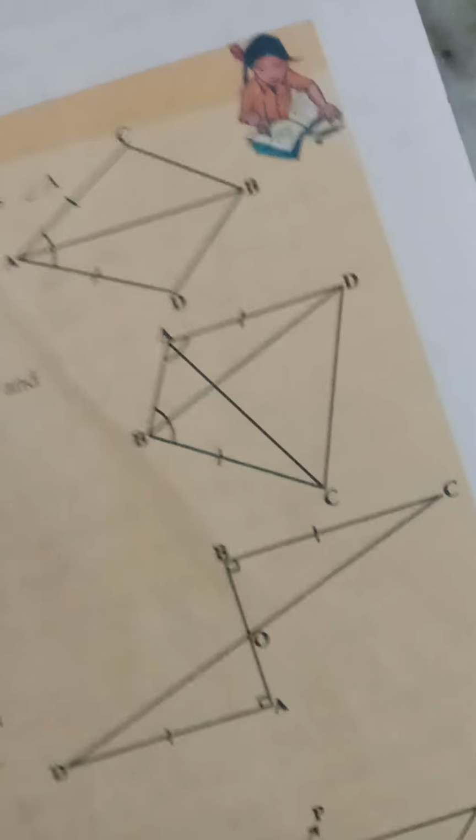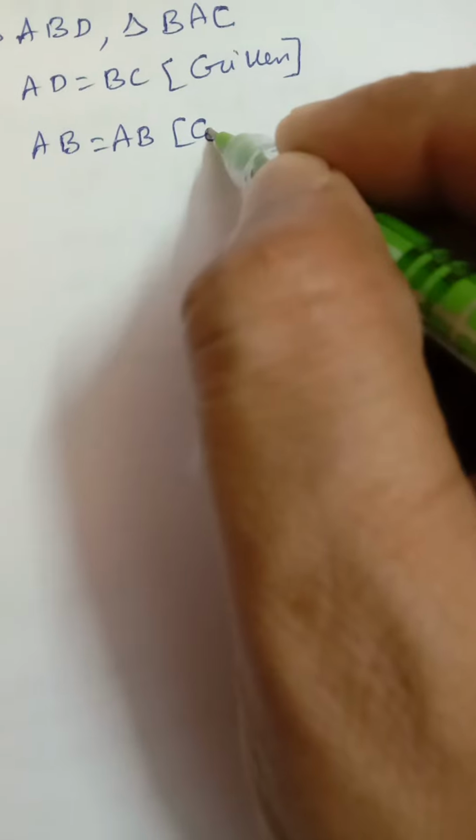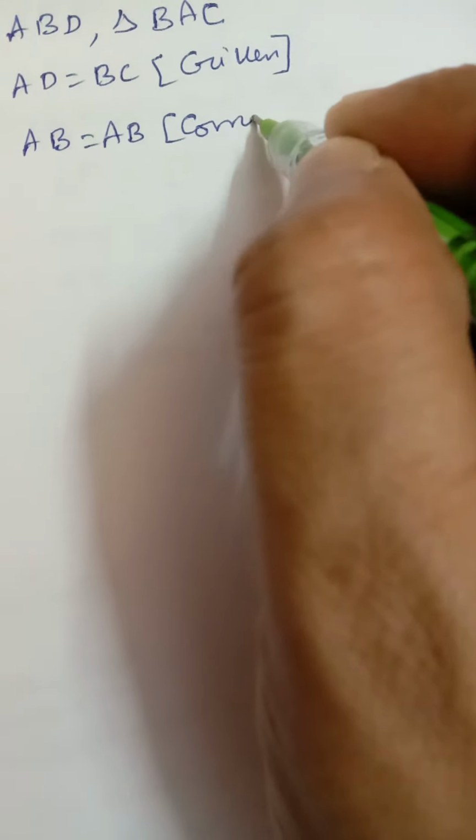AB is equal to AB, common side of the two triangles ABD and BAC.